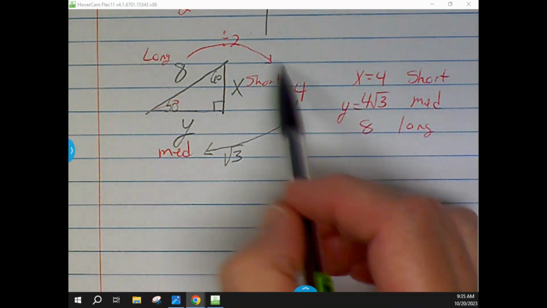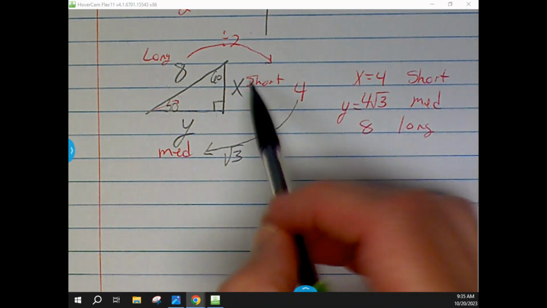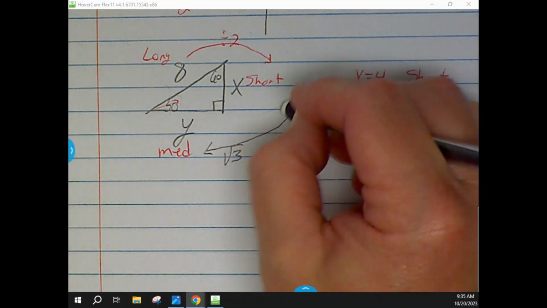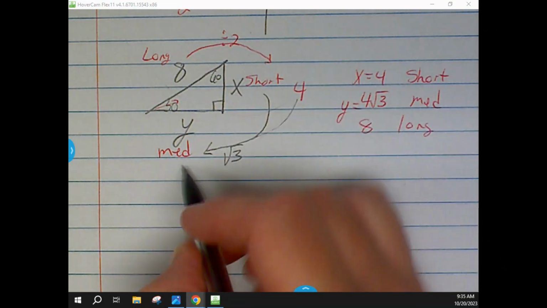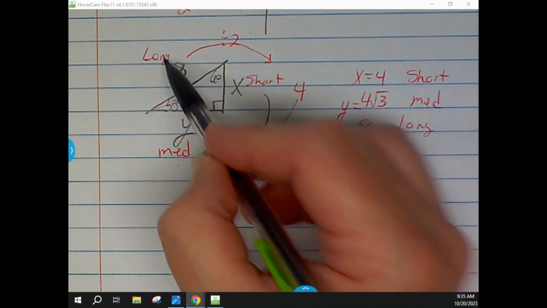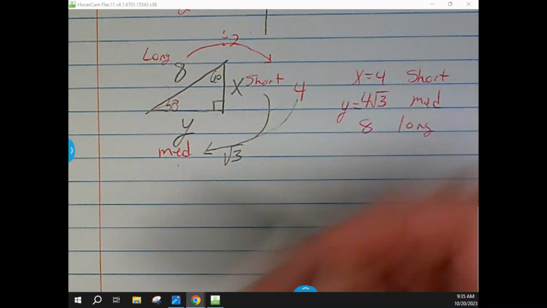Okay, so again, everything kind of spins off the short side. If you've got the short side, you're going to take the short side and multiply by square root of 3 to get the medium. If you're given the long side, then you've got to divide by 2 to get the short side.